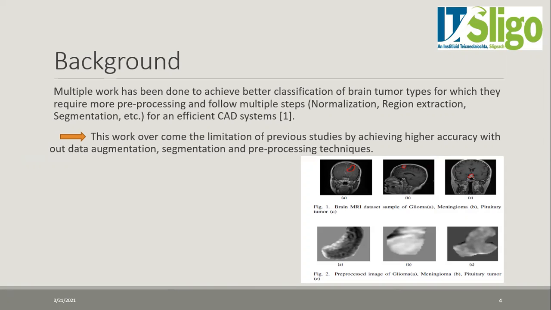The figure explains the three types of tumors and the segmentation of a particular area through region of interest selection, and then finally morphological operations. This work eliminated the use of those techniques, achieving higher accuracy without augmentation, segmentation, and pre-processing techniques.